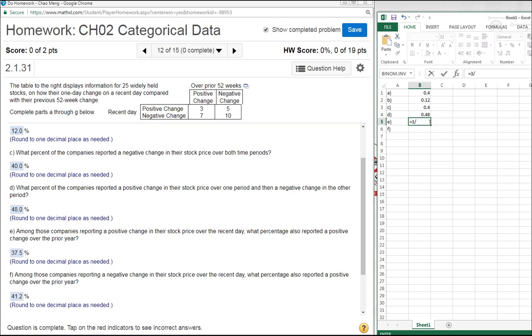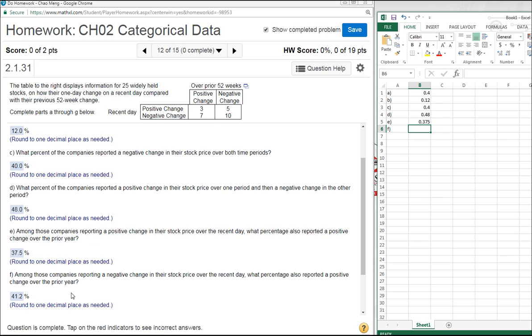So in the denominator, it's going to be 3 plus 5. We are not dividing 3 by 25 because this is a conditional distribution. We are only looking at the first row. If we do the calculation, it's going to be 37.5%. So that's part E.